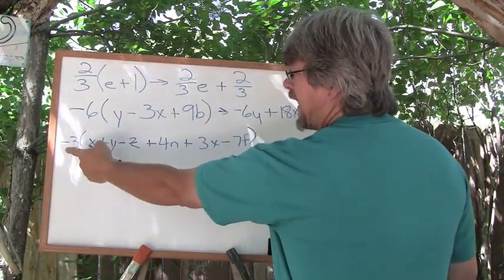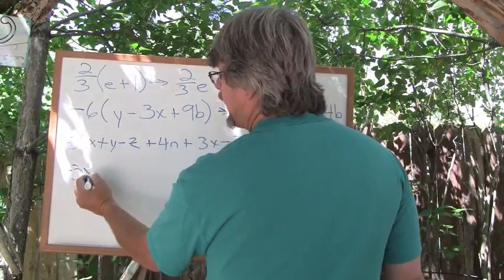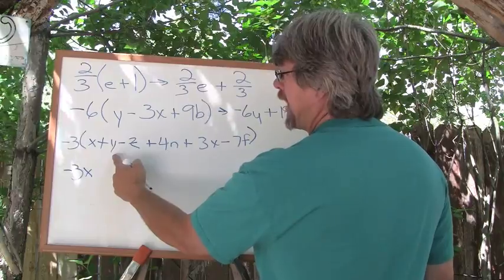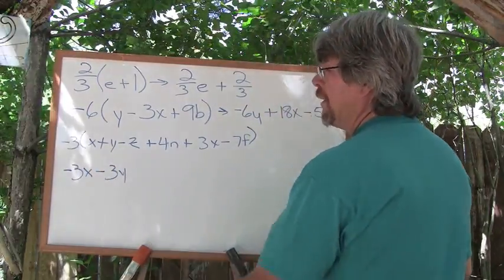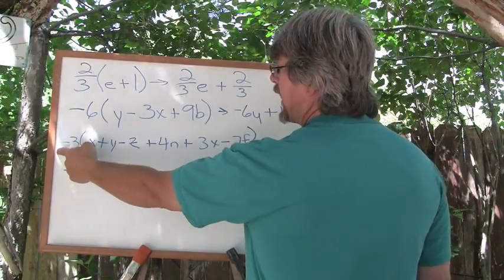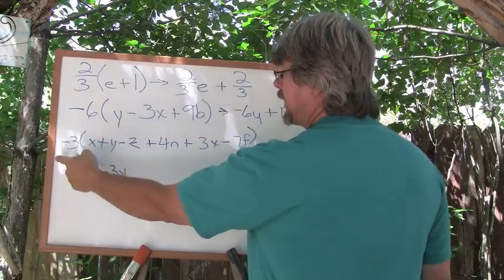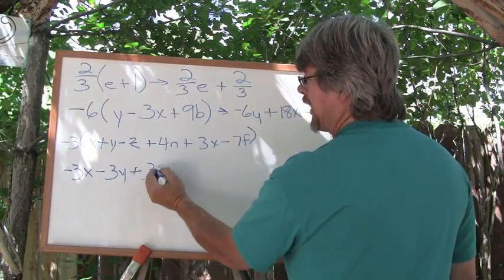Let's see. Negative 3 times x is going to be negative 3x, plus negative 3 times y is going to be negative 3y, minus negative 3 times negative z. A negative times a negative is a positive, so that's going to be a positive 3z.